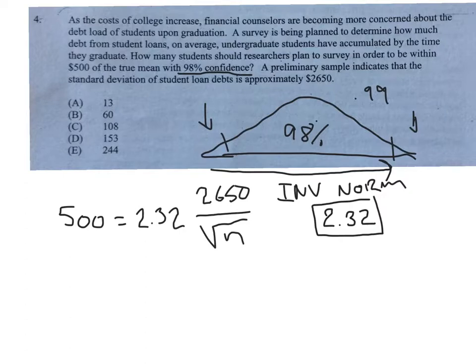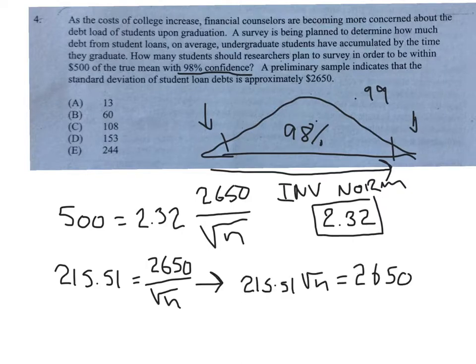Okay, so if we do that, let's see, we divide both sides by 2.32 to start with. Then we multiply both sides by the square root of n, which is right there. Now we divide both sides by 215.51.